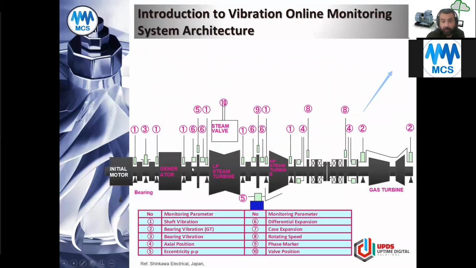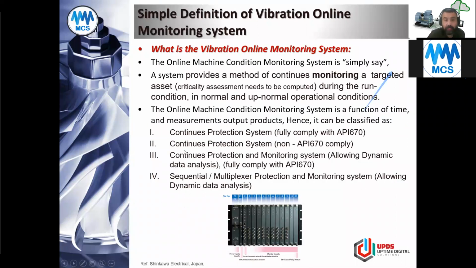Okay, so let's move back to this again. The continuous protection system is non-API 670 compliant. This is for those people running the system beyond the petroleum companies. You have a continuous protection and monitoring system allowing dynamic data analysis.